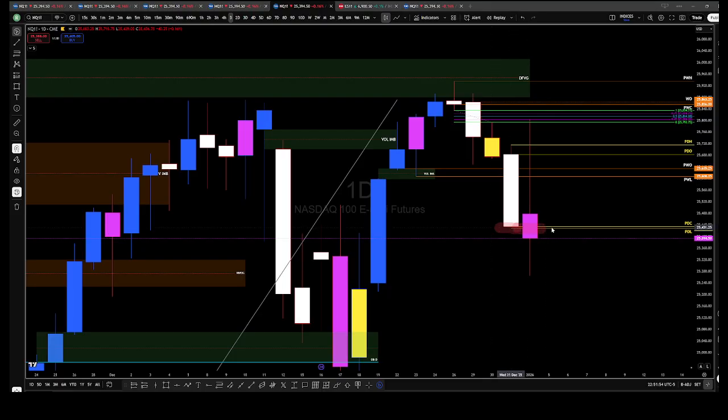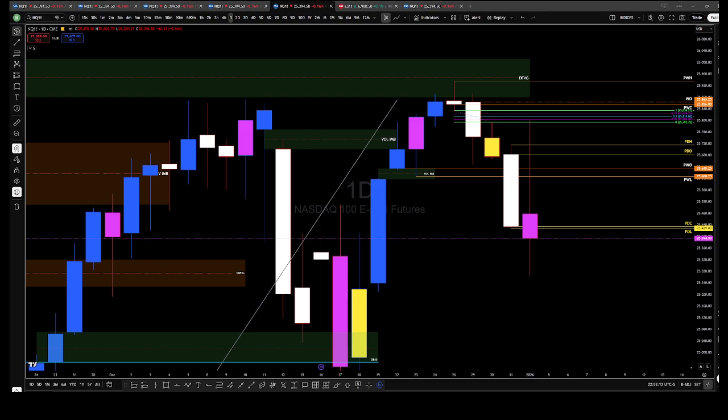In this case it was a previous day low, and it went lower, but this is a good starting point. It's a very good amount of points.